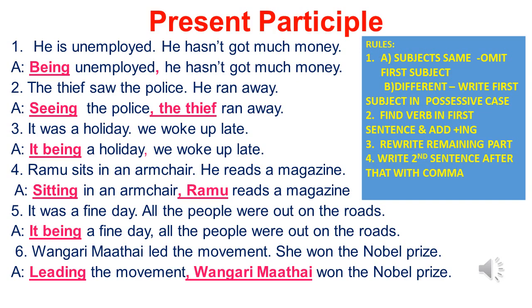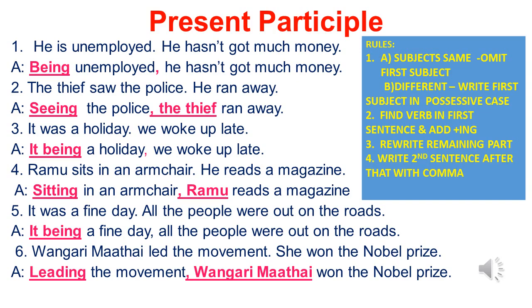Rule number 2: find the verb in the first sentence and add ing to it. Third rule: rewrite the remaining part. Now, write the second sentence after that with a comma. Thus, we can transform a sentence by using present participle.